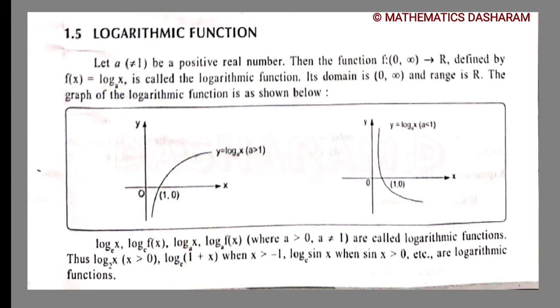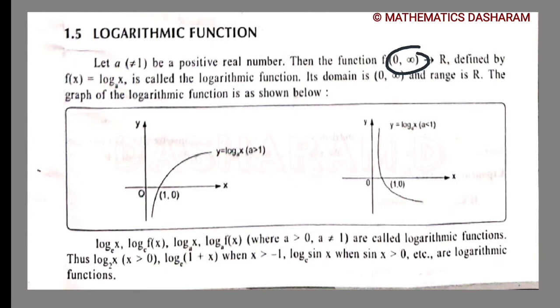That means we take an element from 0 to infinity, substitute it in the logarithm, and the answer will be a real number. That is the meaning of f from 0 to infinity to R. Next is its domain. Domain means the elements taken from the particular boundary.